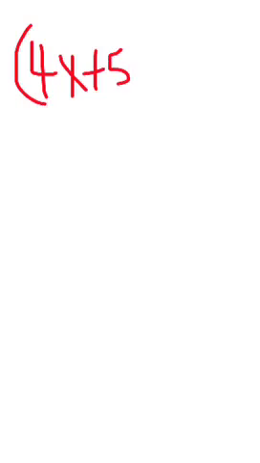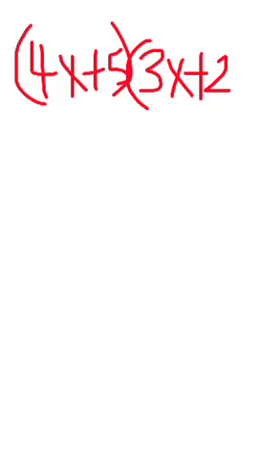We have 4x plus 5 times 3x plus 2. Now, when you're multiplying a binomial times another binomial, you can distribute or you can use the FOIL method.